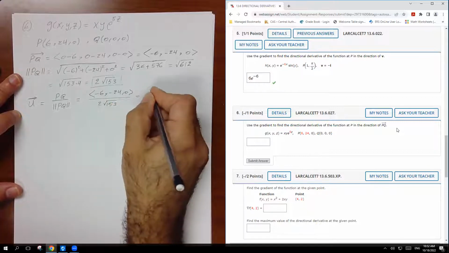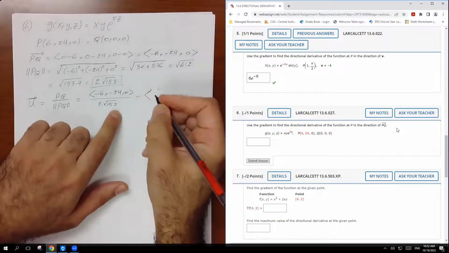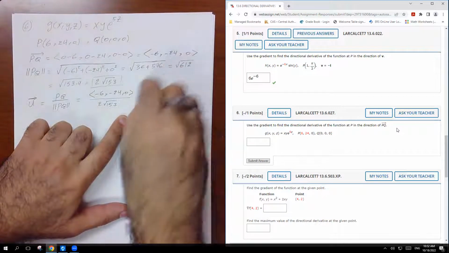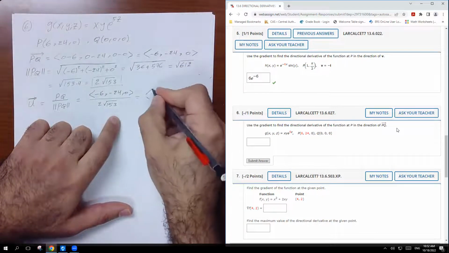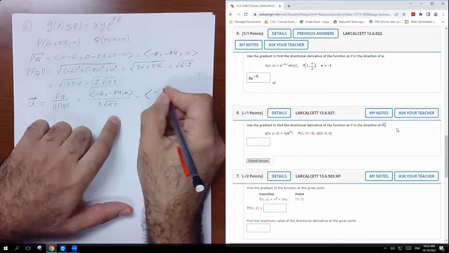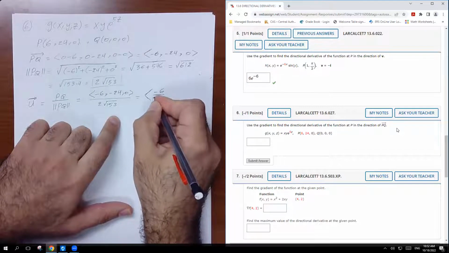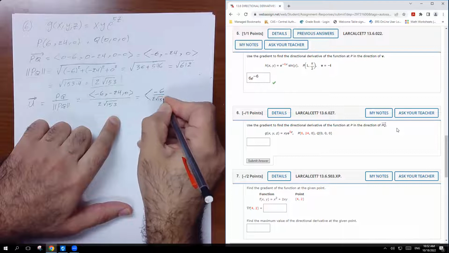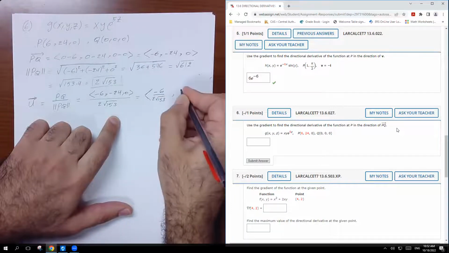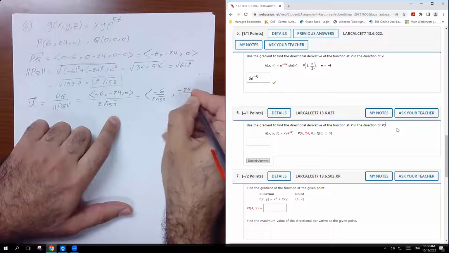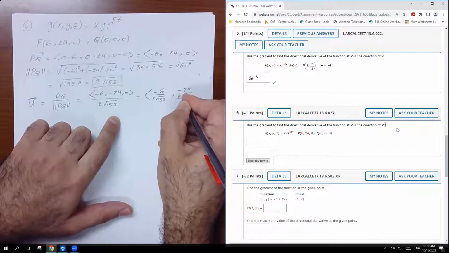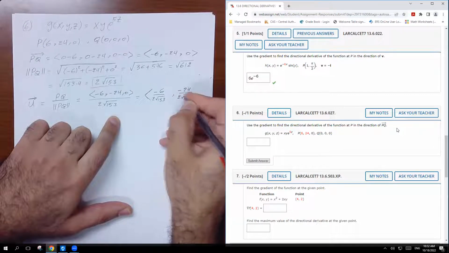This is (-6 over 2 square root of 153, -24 over 2 square root of 153, 0), and you can simplify it.